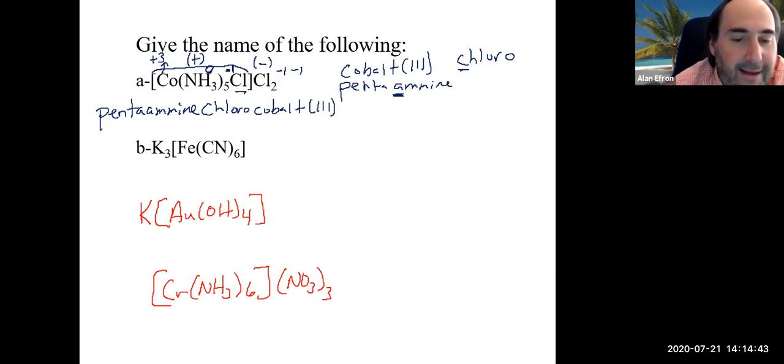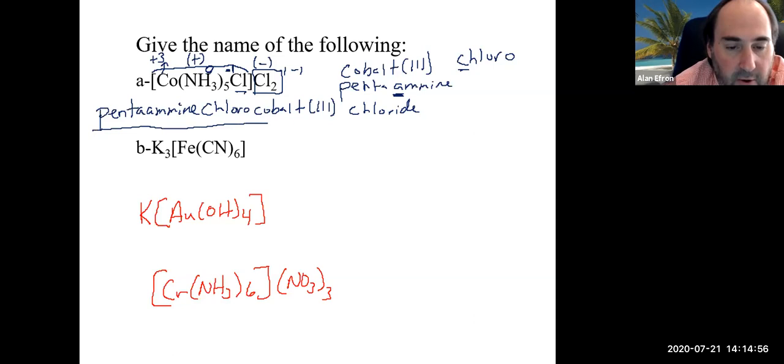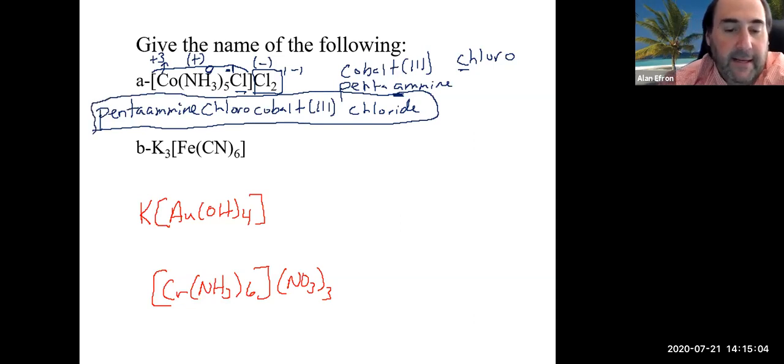Almost out of room. And our counter ion here, even though there's 2 of them, is just named like normal, so chloride at the end of it. So pentaamminechlorocobalt(III) chloride. That just rolls off the tongue, doesn't it? Any question on that name?